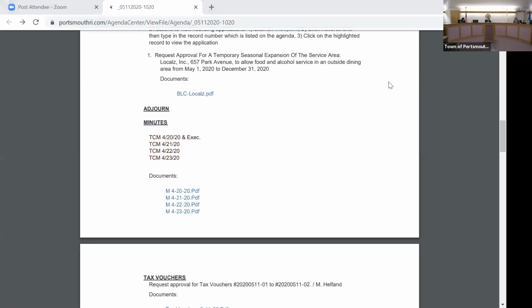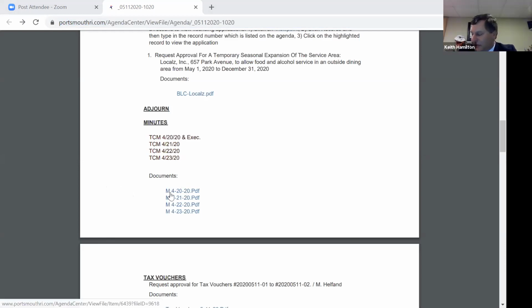I think that would go a long way. So we'll give it another day or two, and then if we need to have a special meeting, I think we can make that happen. Thank you for that, Mr. Hamilton, Ms. Jukusa and Mr. Gavin. All good comments. Motion to adjourn as the Board of License Commissioners.